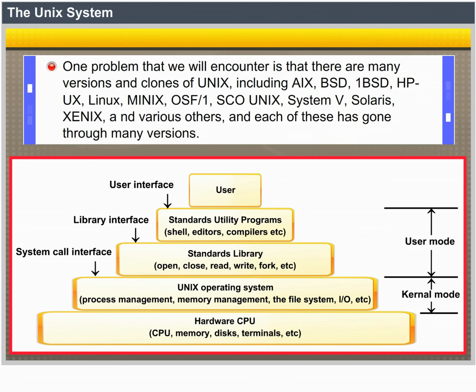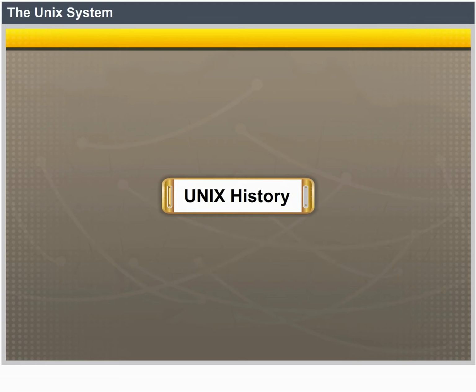One problem that we will encounter is that there are many versions and clones of Unix, including AIX, BSD, 1BSD, HPUX, Linux, Minix, OSF1, SCO Unix, System V, Solaris, Xenix, and various others, and each of these has gone through many versions. Unix history.